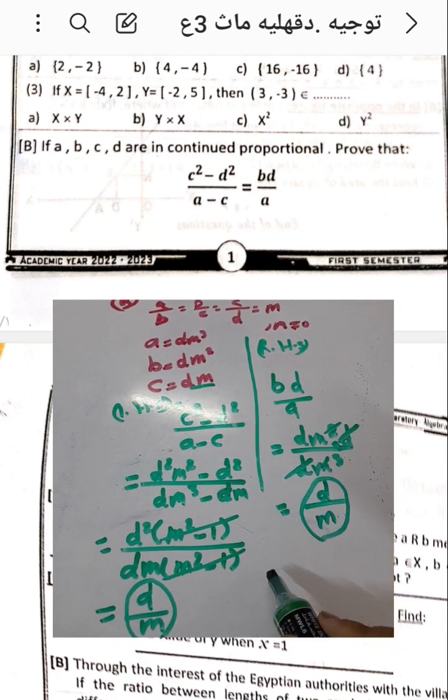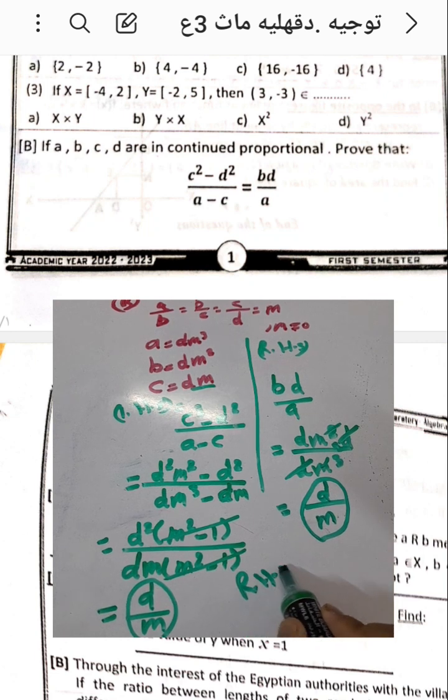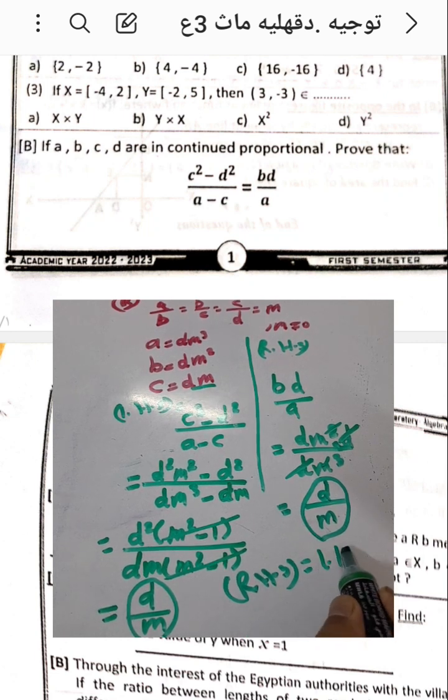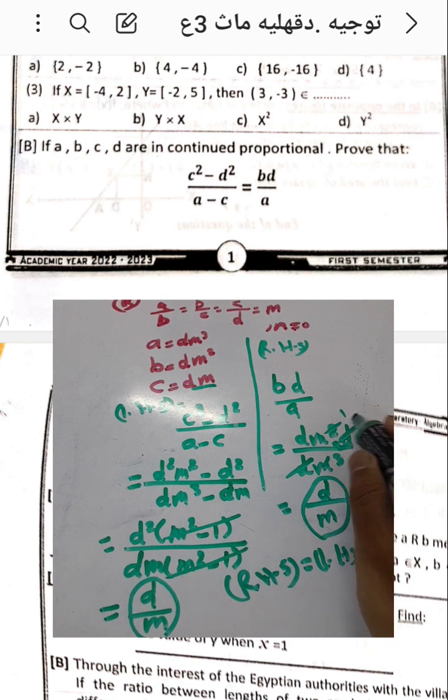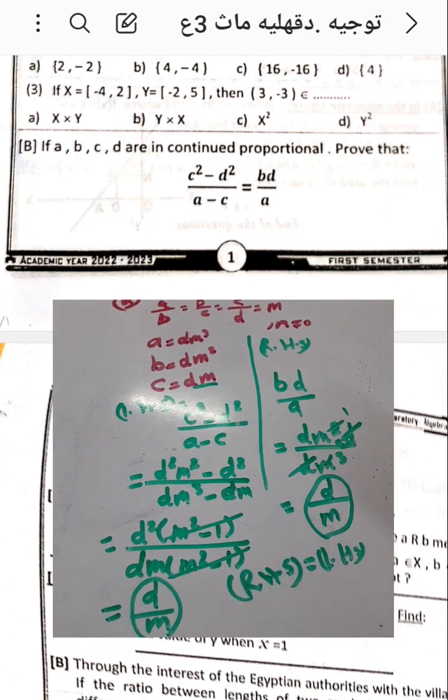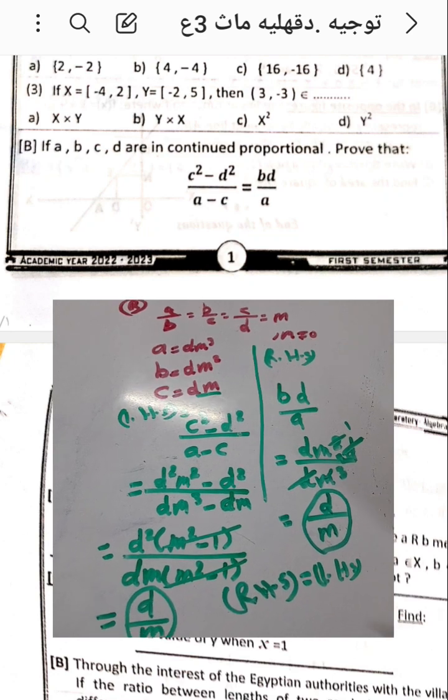It's similar, then right hand side will be equal to left hand side. Understood? The remainder here d multiplied by 1 is d. Cancel d here, and m power 2 divided by m power 2 equals 1, 1 times d equals d, m power 3 divided by m power 2 is m, then the remainder is d over m. The left hand side equals the right hand side.